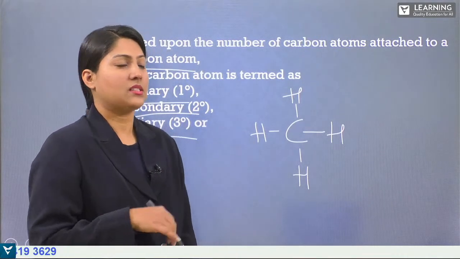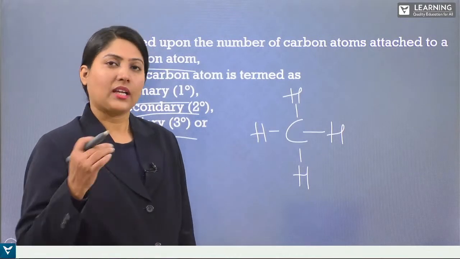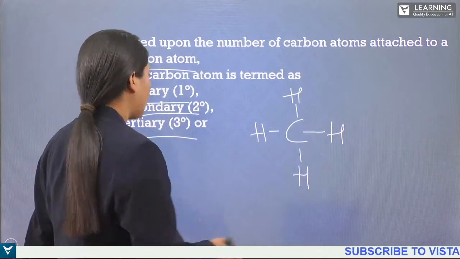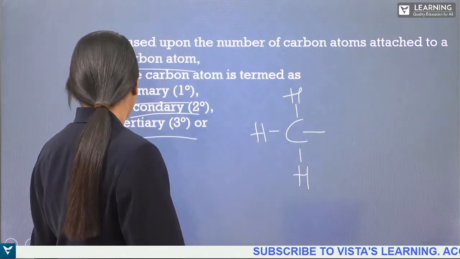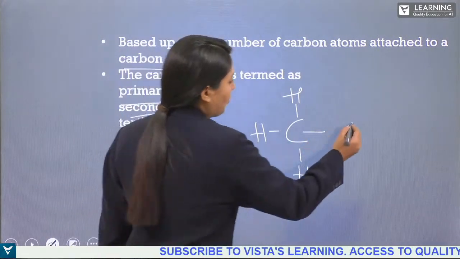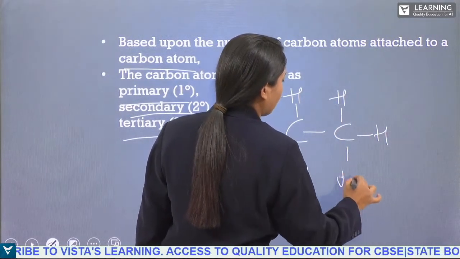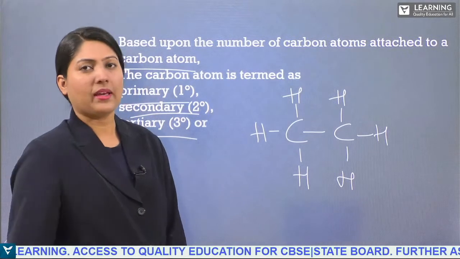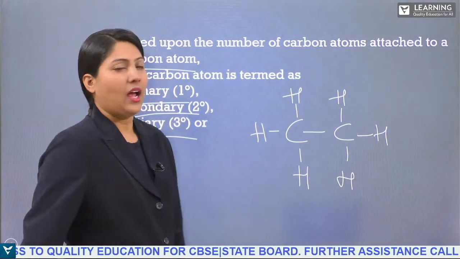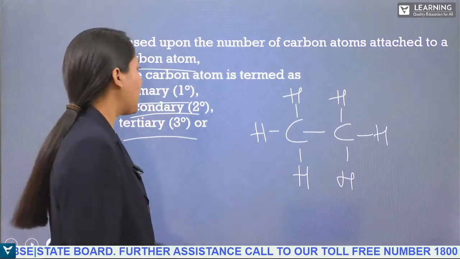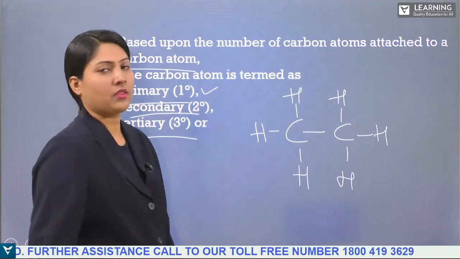Then 0 carbons are linked to this carbon atom. We can call this primary. Or if I erase one hydrogen and have one carbon atom here, then this will have one single carbon attached to the other carbon. So we can call this a primary carbon atom.